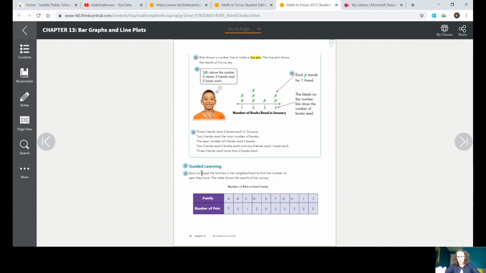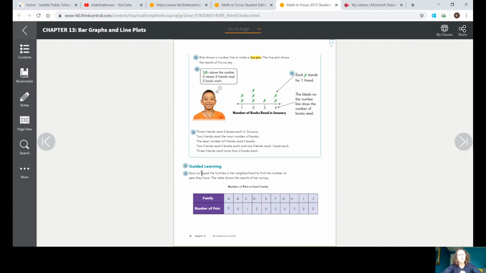Okay, it is guided learning time, so I would definitely get your math book, your math notes open so that we can go through the guided learning together. So for this first one, it says Sarah surveyed the families in her neighborhood to find the number of pets they have. The table shows the results of her survey.